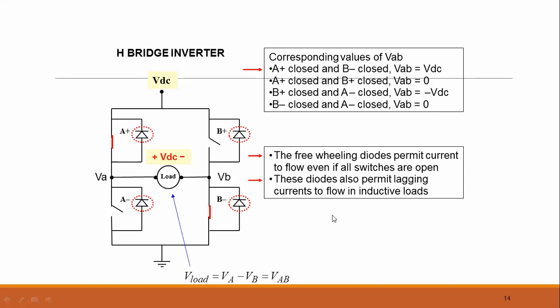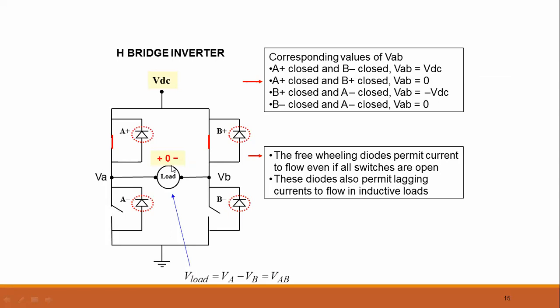Now the next case: when the B minus switch and the A plus switch are closed, the voltage was VDC. Now the next case is when the A plus switch is closed and the B plus switch is closed. What is the voltage over here? There is no voltage here.